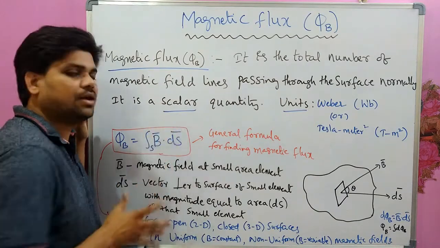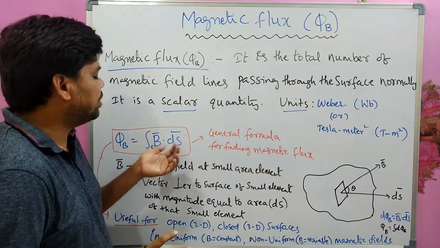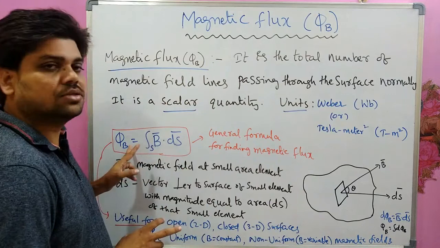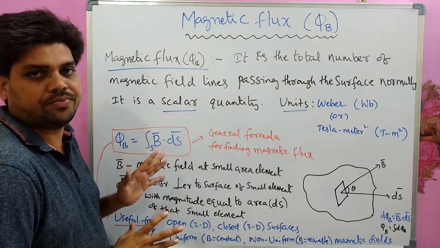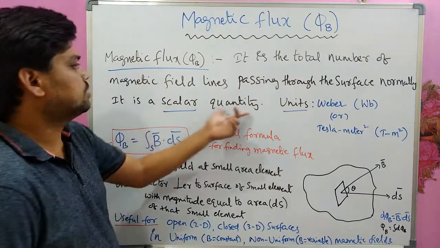This is a general formula. Okay, phi B equal to integral B dot ds. And remember, this is a scalar quantity. It's a scalar quantity.